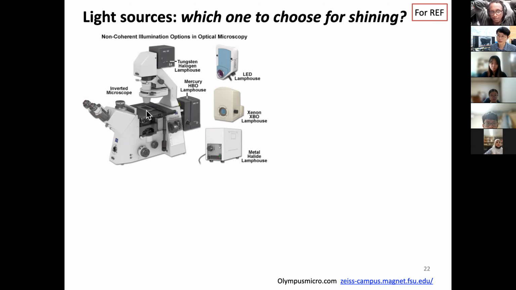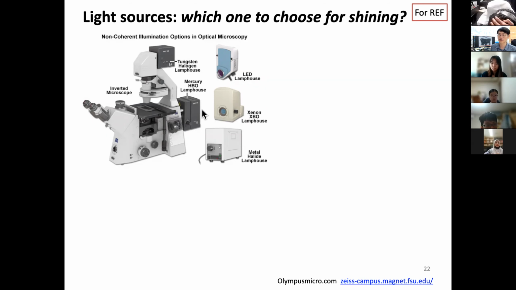In this case, usually the tungsten halogen lamp housing is on the top, because you typically want to use transmission illumination. However, when you are dealing with fluorescence, it is typically epifluorescence, so from the same side of the objective you have a housing that is mercury, xenon, or metal halide.